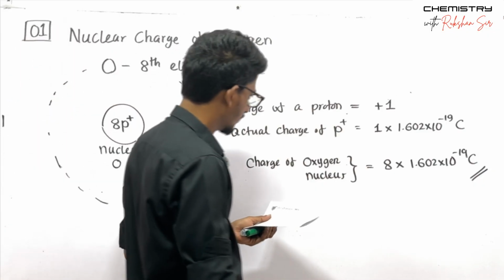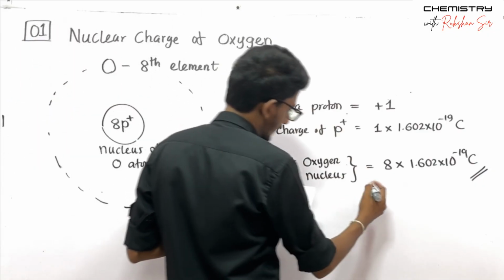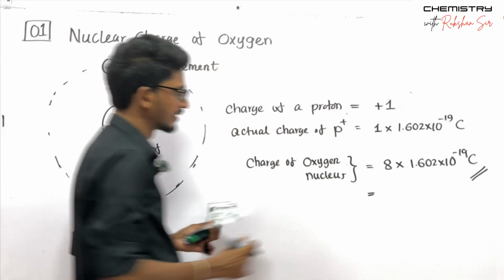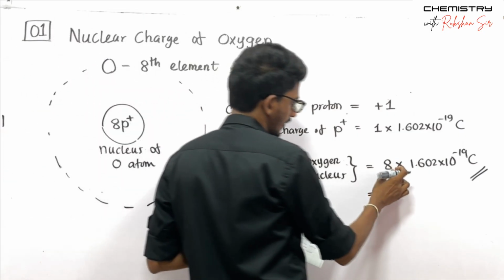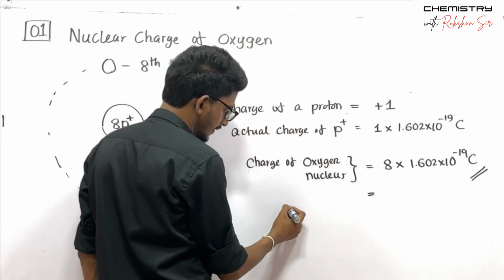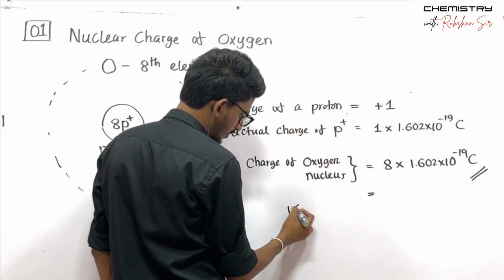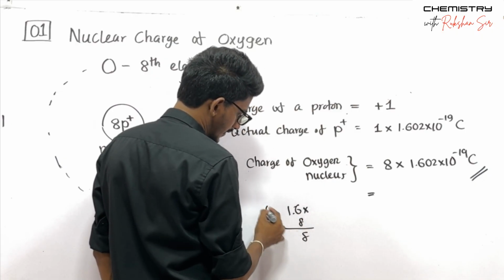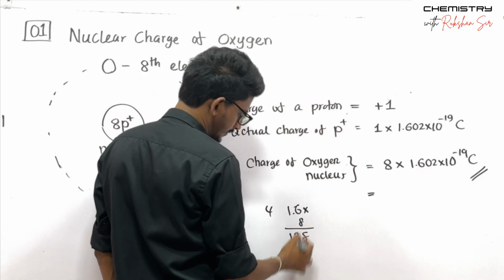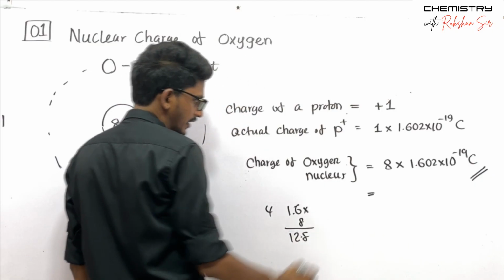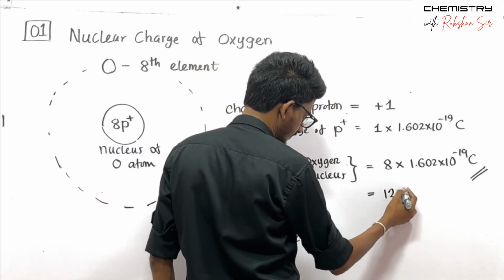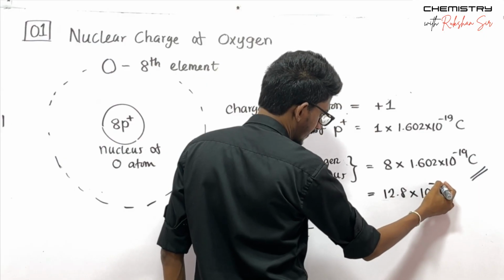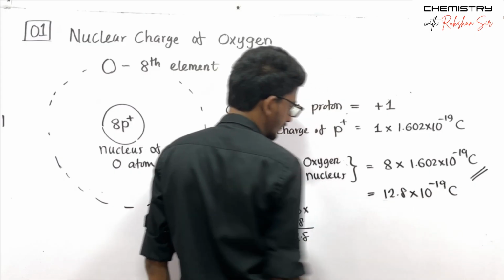If you simplify this, it is going to be something like 1.6 × 8, which is 12.8, into the power minus 19 coulombs.